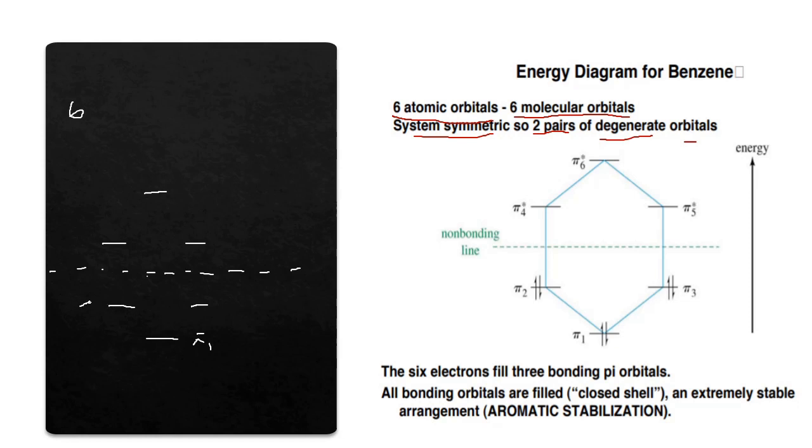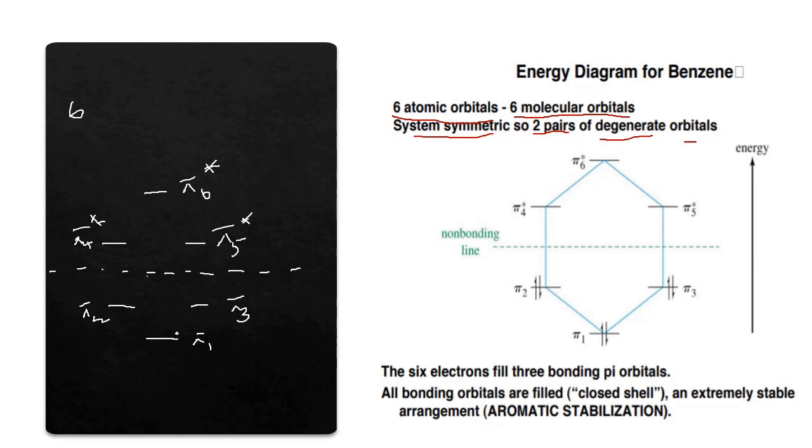So this becomes pi 2, this becomes pi 3, this becomes pi 4, this becomes pi 5, and this becomes pi 6. So this is pi star 4 because it is anti-bonding, there is pi star 5, and this is pi star 6. Now the six electrons are to be filled as per Hund's rule and Aufbau's rule.